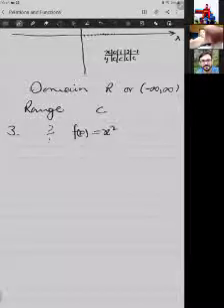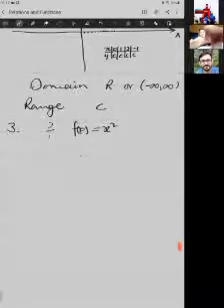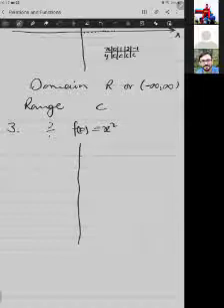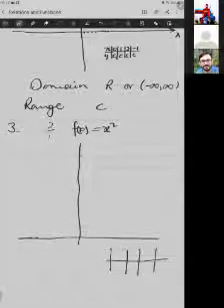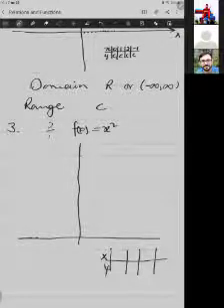If required, I must go with the table formation or direct. So if x is 0, then y is also 0. Point will be this.